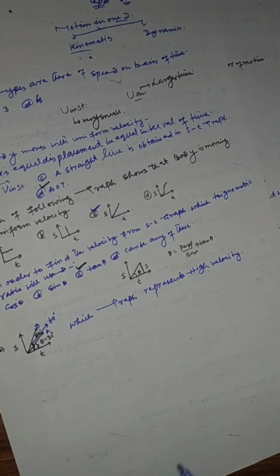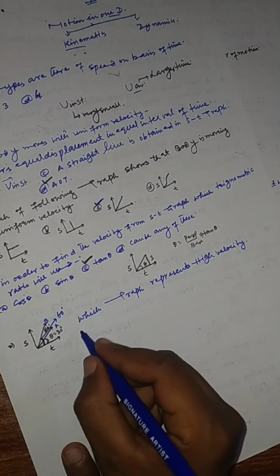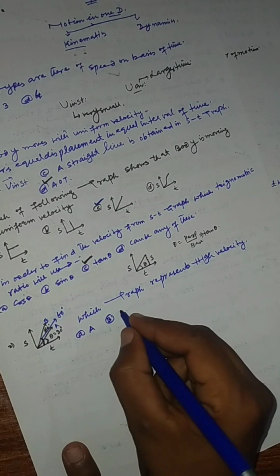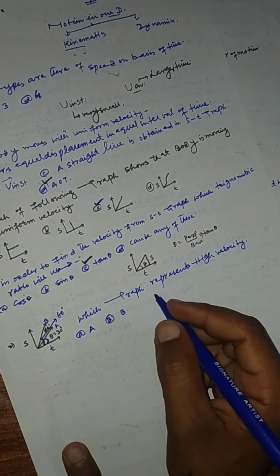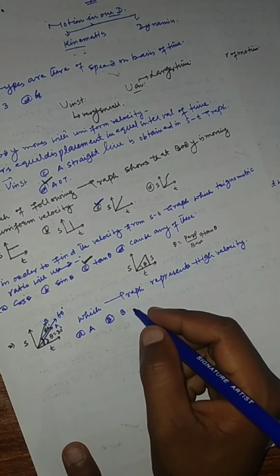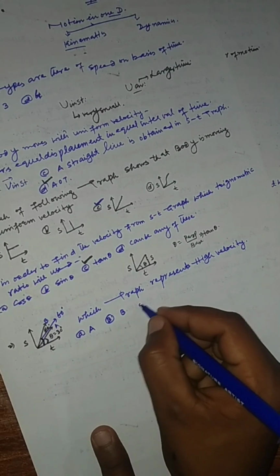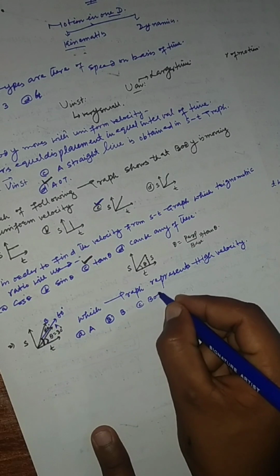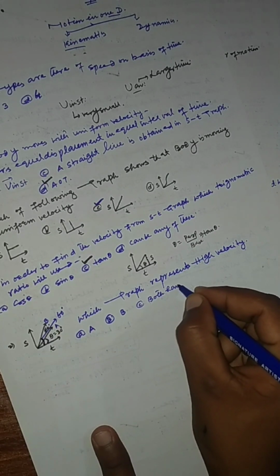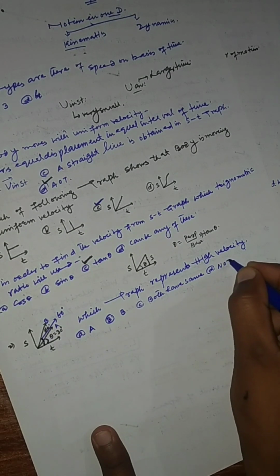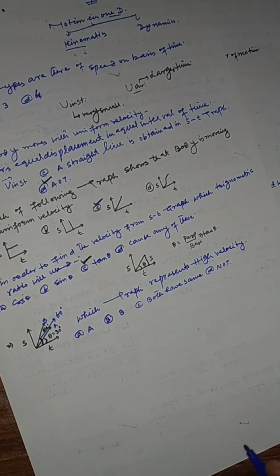Let's say A, or B, or both have the same velocity, or D none of these. So what will be the correct answer?